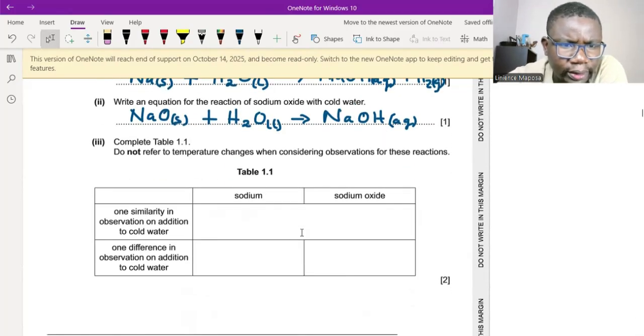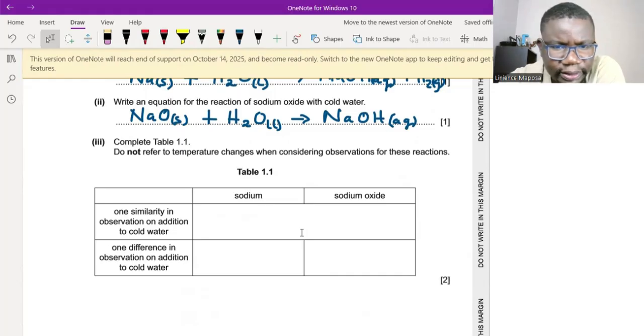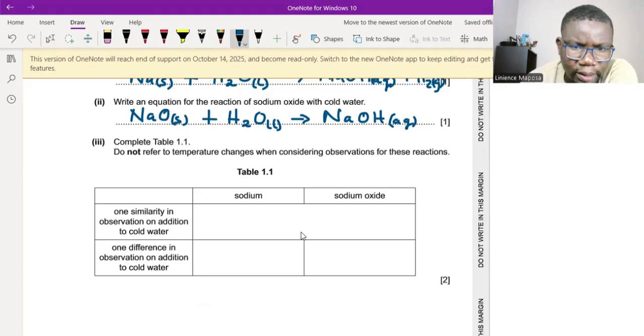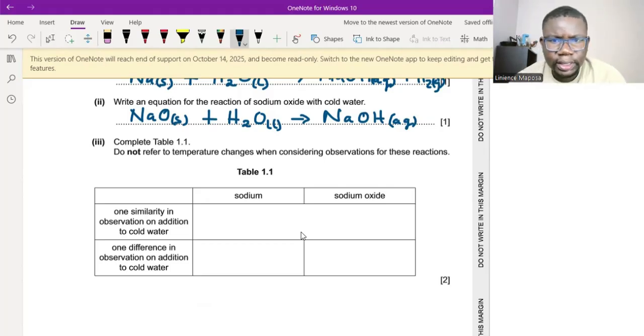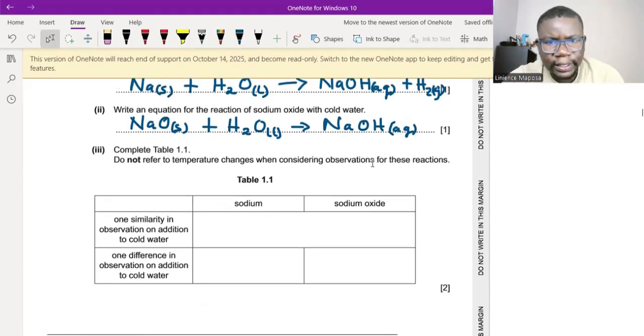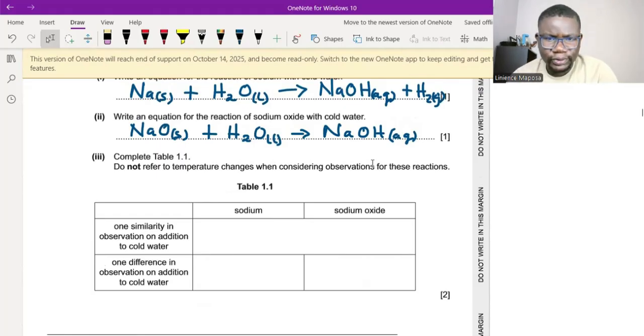Complete table 1.1. Do not refer to temperature changes when considering observations for these reactions. So you've been given an instruction, please do not refer to temperature changes. It doesn't matter. Let's think about something else. So we are comparing reactions of sodium and sodium oxide. One similarity in terms of the observation when it's added to cold water. So what is the similarity? Okay, they both can form aqueous sodium hydroxide.